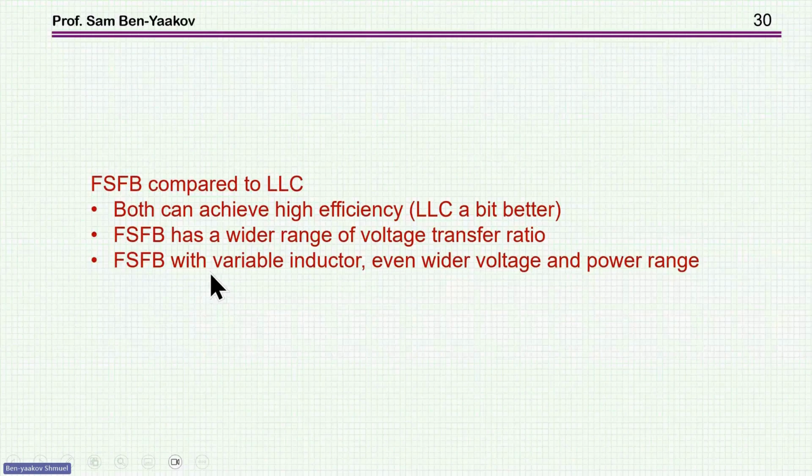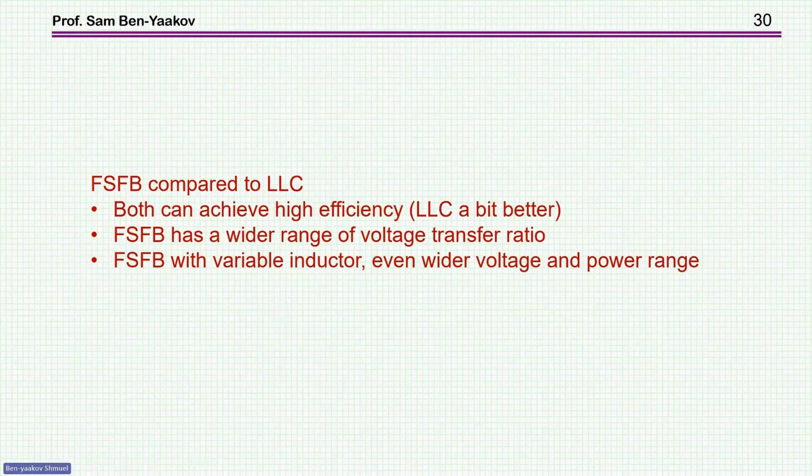So if you have a situation, say a charger of a battery, that the battery voltage is changing, of course, and maybe the input is changing, so you have a range of input to output voltages that you have to handle, then with an LLC, it might be more difficult than with the phase shift full bridge.